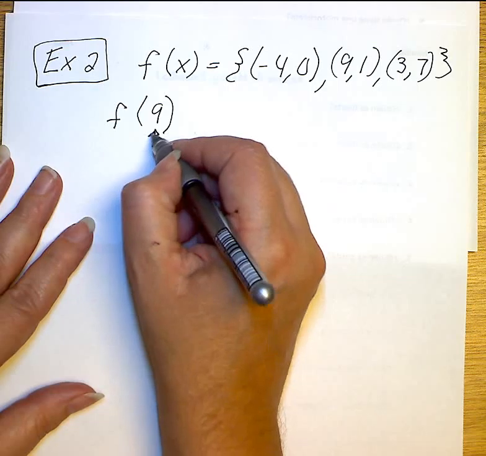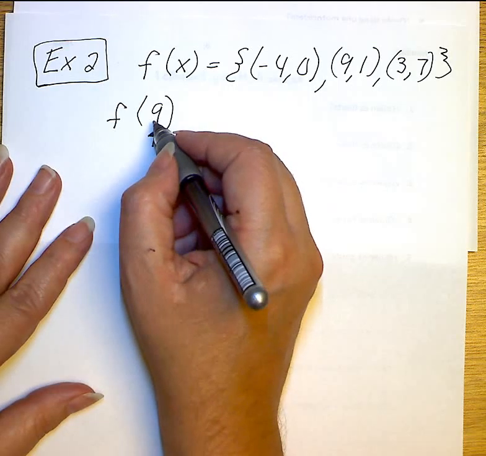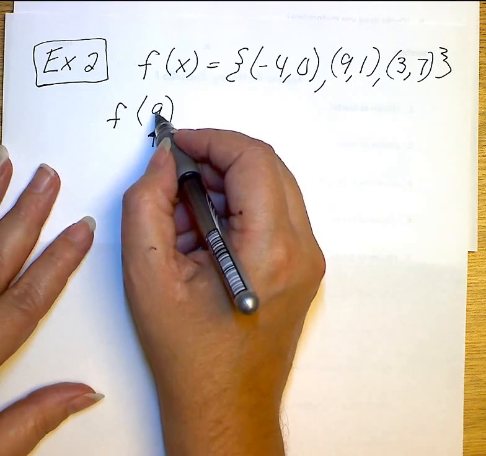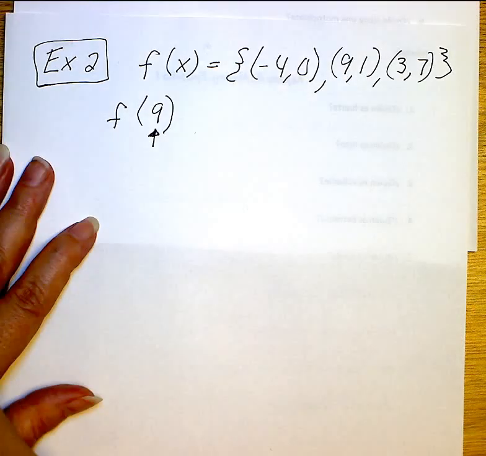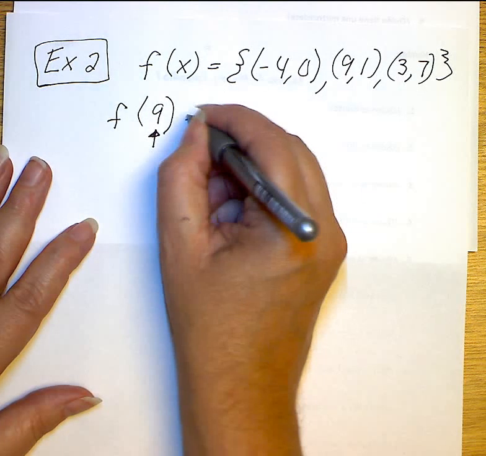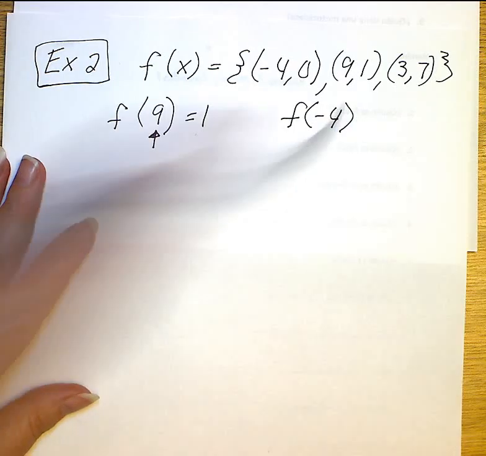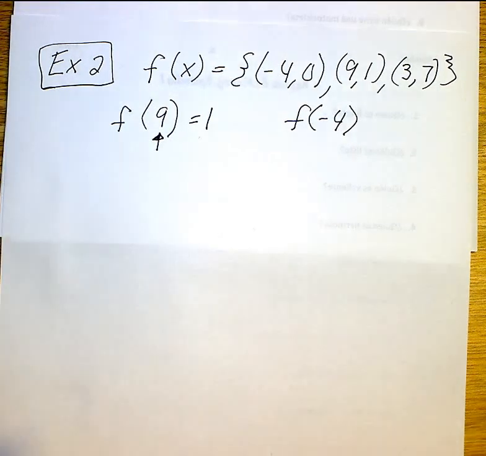The 9 represents what? Your x's. So all it's asking you to do is say what the y value is. So what's the y value? 1. Now I want you all to think of what f of -4 is. And what is f of -4? 0.